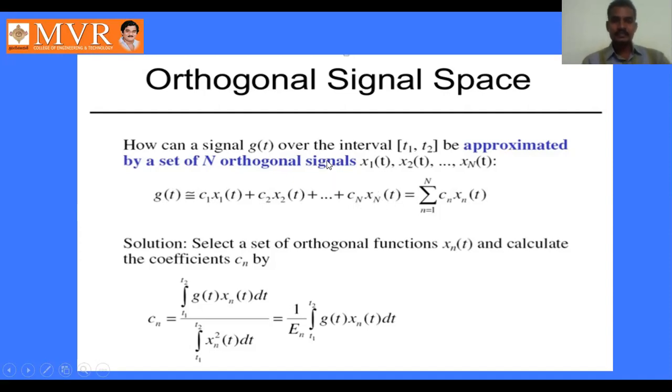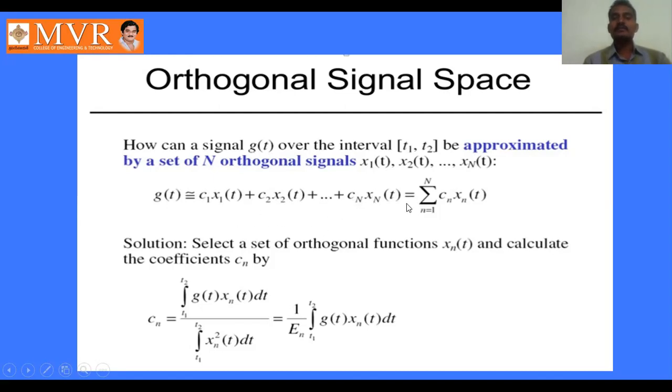If it is a single signal x(t), it is represented by g(t) equal to c x(t). Here we have multiple signals, n number of orthogonal signals, represented as x1(t), x2(t), x3(t) up to xn(t). So g(t) can be approximated as g(t) is approximately equal to c1 x1(t) plus c2 x2(t) plus ... plus cn xn(t).